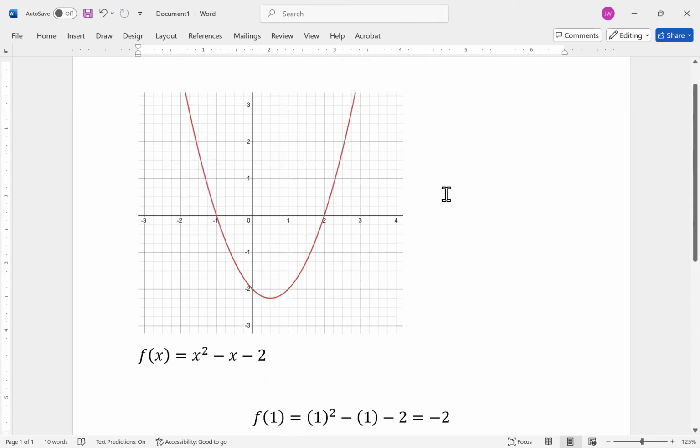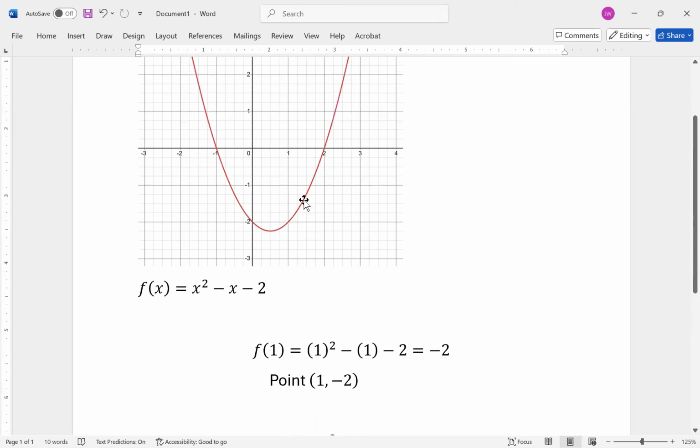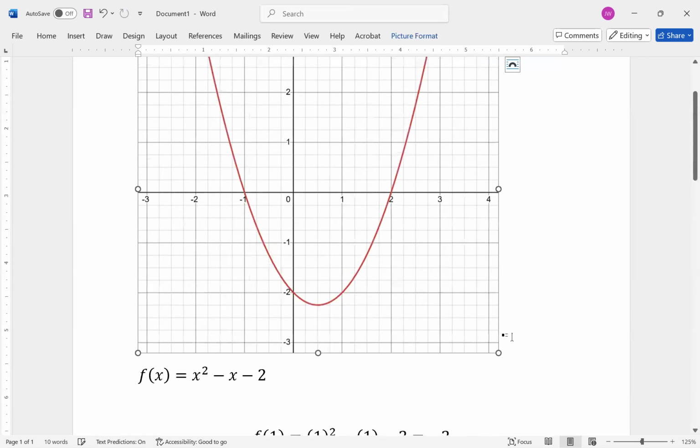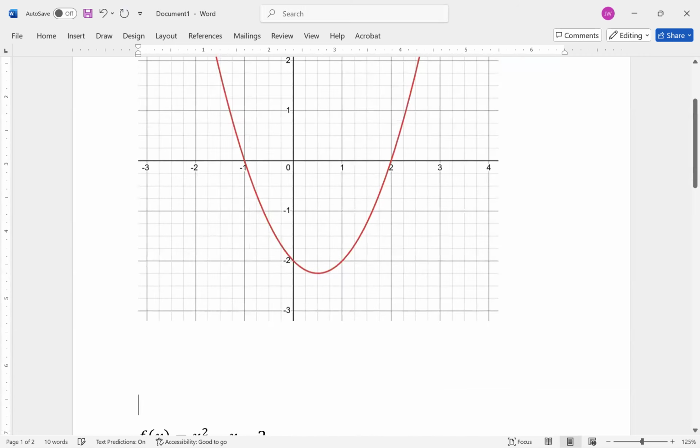Now, we could have also done that visually. So for instance, plugging in 1 into the function, if I look at just the graph itself, when I plug in 1, we would go down to where the graph is. It looks like it's crossing through the point 1, -2.